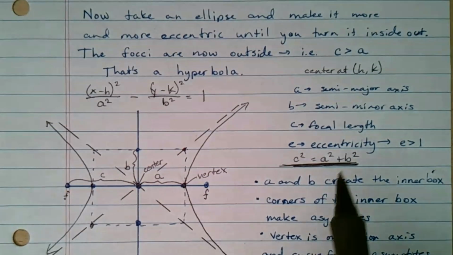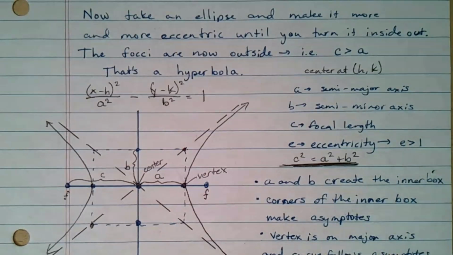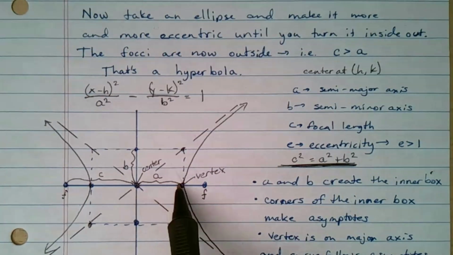Eccentricity for a hyperbola is always greater than 1, whereas for an ellipse it is less than 1. It is greater than 1 because you've turned this thing inside out, and this axis is now longer than this axis.